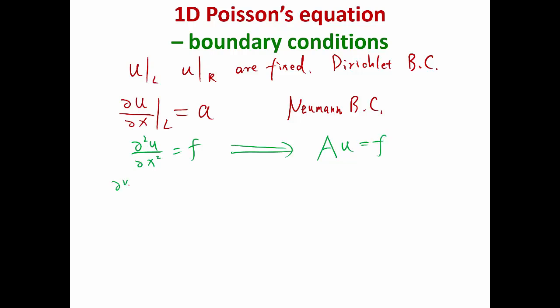Let's say on the left-hand side I apply a Neumann boundary condition, and on the right-hand side a Dirichlet boundary condition with 0 to make it simple. Now, what is my matrix A that represents this differential operator and this boundary condition?